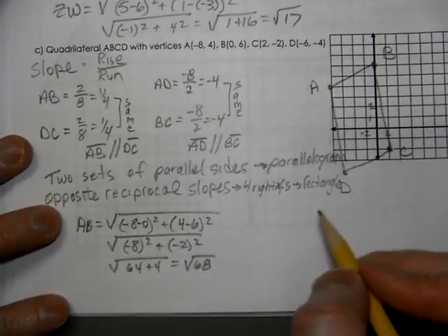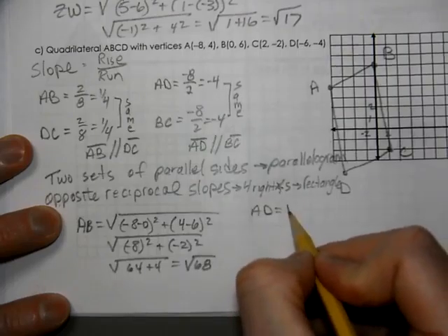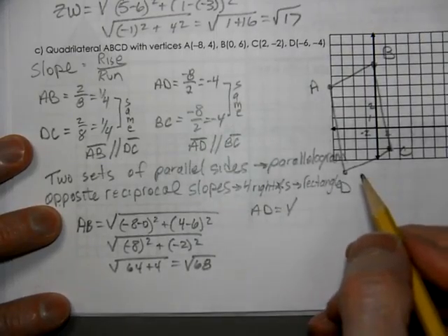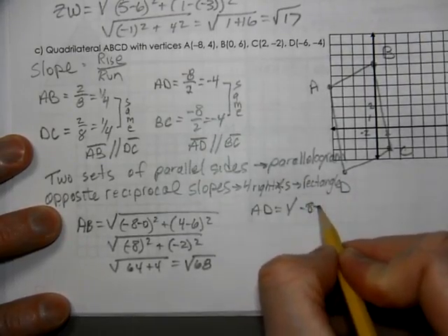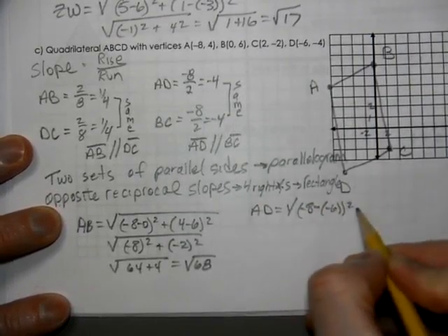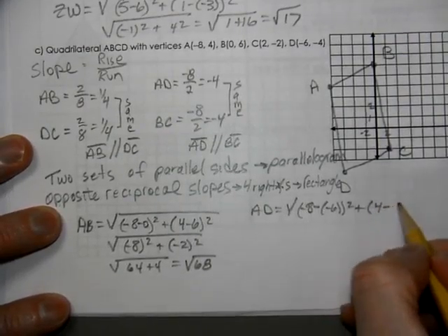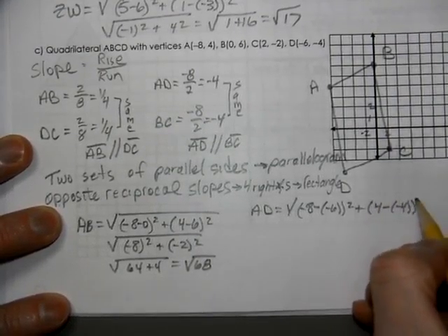So let's look at the length of AD. So we take our x2 minus our x1, square those, our y2 minus our y1.